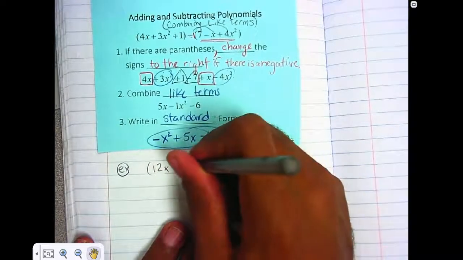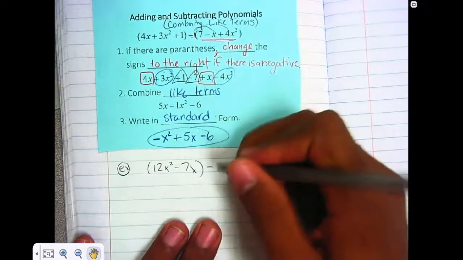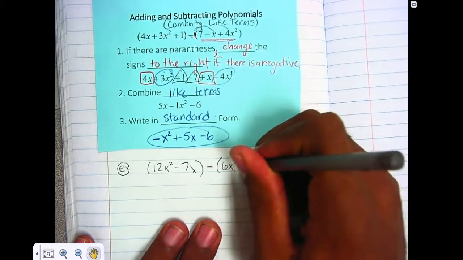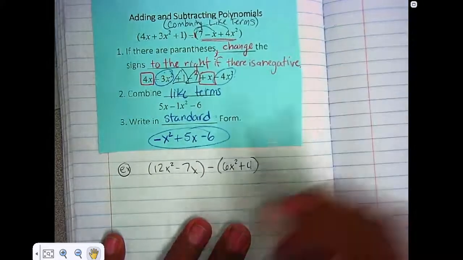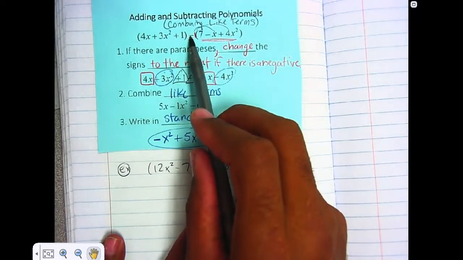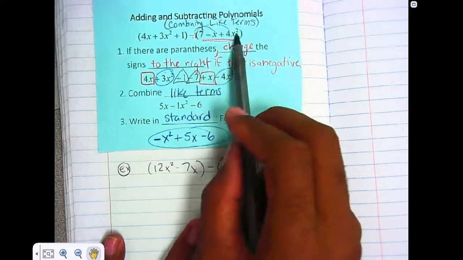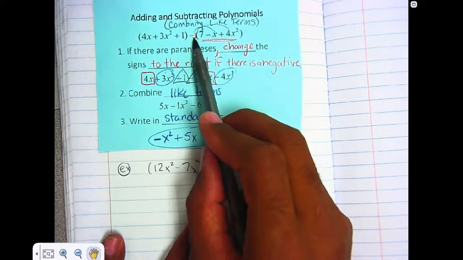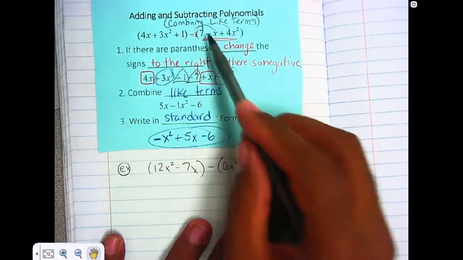is going to be 12x squared minus 7x in parentheses, and then minus 6x squared plus 4. Okay, so again, like we talked about in class, if you have a negative in the middle of the parentheses, everything to the right is going to change all the signs, because it's basically like we're taking this -1 and multiplying it to each number, and that will change the signs.